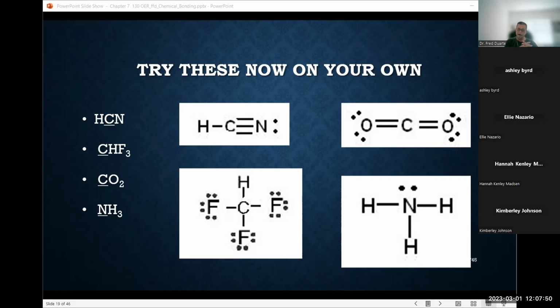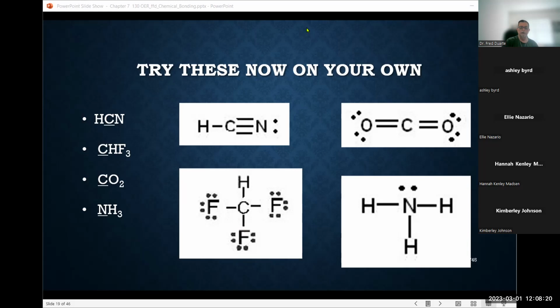A lot of times you have a sufficient number that you can put a bond around all the atoms, so that everybody has an octet of electrons around it, except hydrogen. Remember, hydrogen always only has one bond, 2 electrons. Its specific rule is the duet.